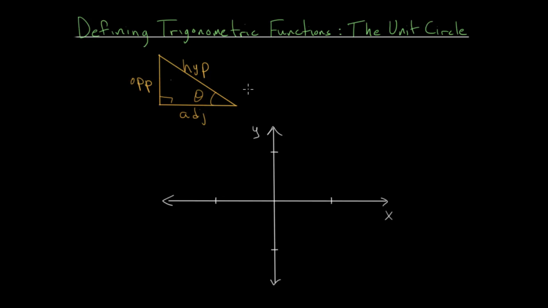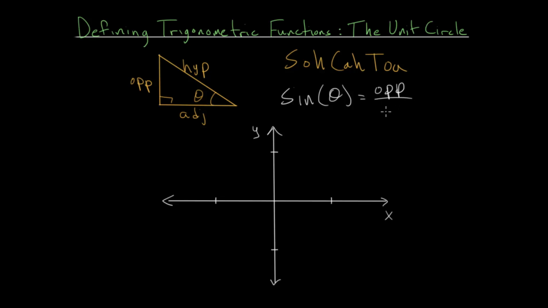We can remember those definitions with the saying SOH-CAH-TOA, where, for instance, the sine function, with this S, is defined as the opposite divided by the hypotenuse of the triangle.